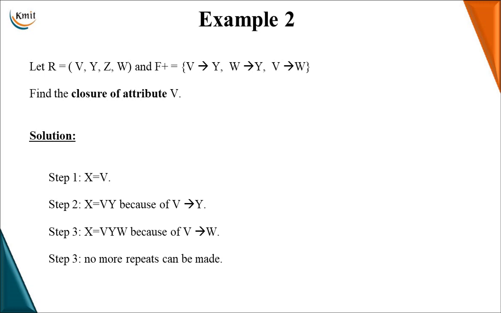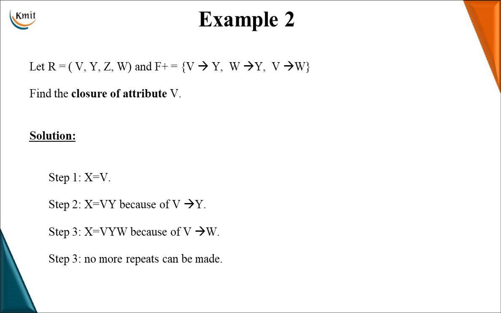Look at this, there is a different set of functional dependencies given: V determines Y, W determines Y, and V determines W. You are asked to find the closure of attribute V. So first I add V itself. Then my first dependency, V determines Y, allows me to add Y into the closure. Then W determines Y is anyway not required because Y is already there.